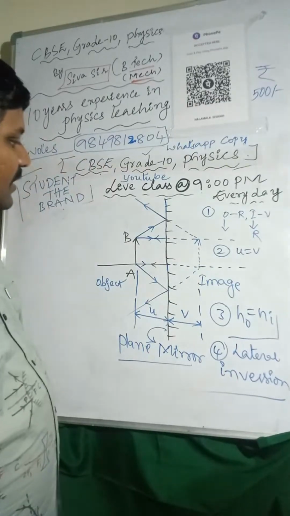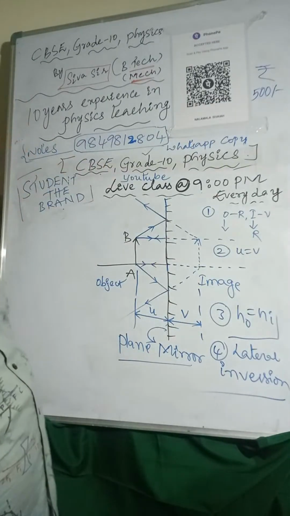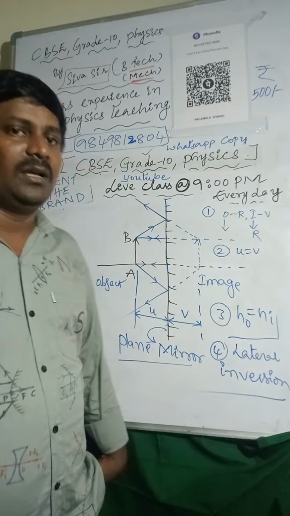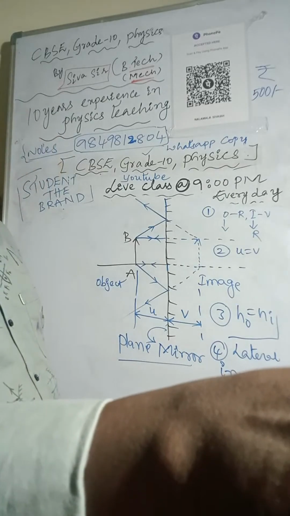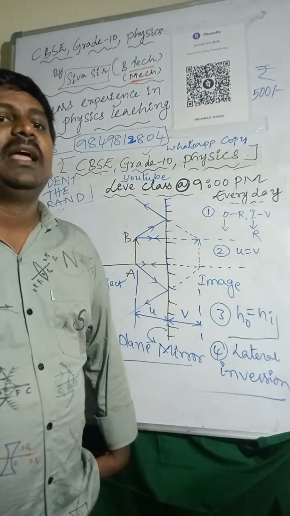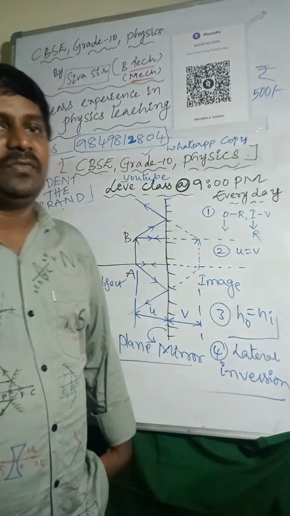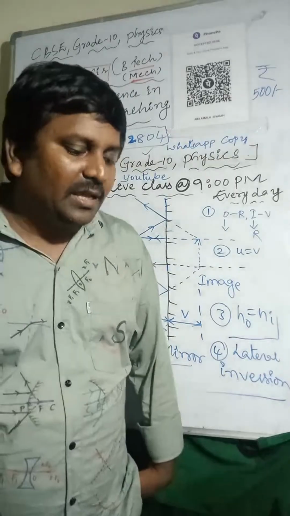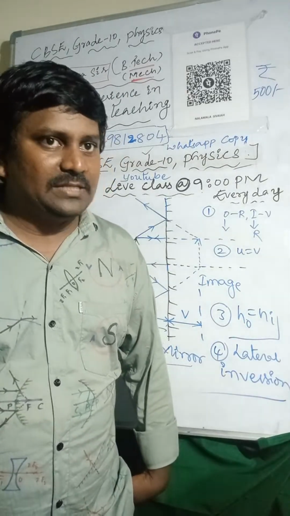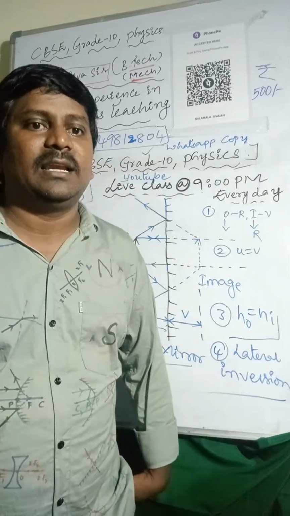So shall I go to the next one? Next we'll go to the spherical mirror. Only spherical mirrors are left. Related to spherical mirror, even refraction of light is there, and in this topic a few more points are left.